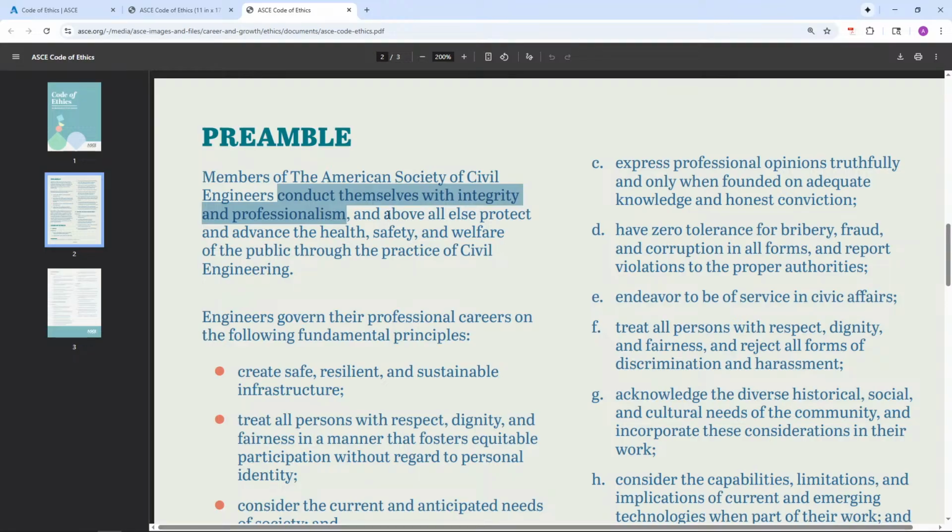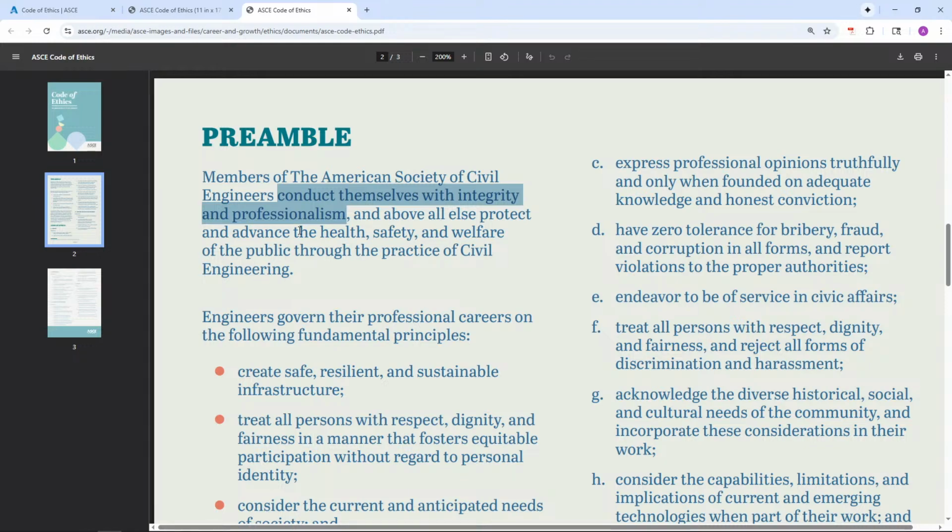And above all else, now this is macro ethics: they should protect and advance the health, safety, and welfare of the public through the practice of civil engineering.